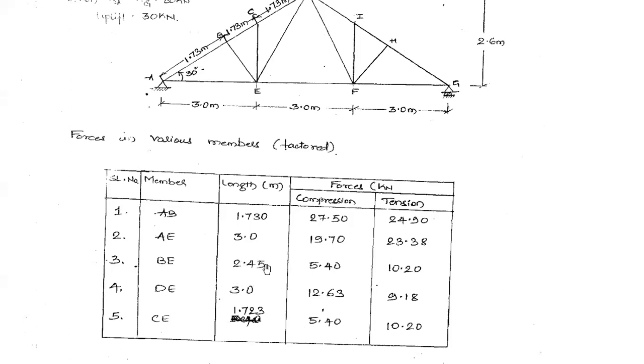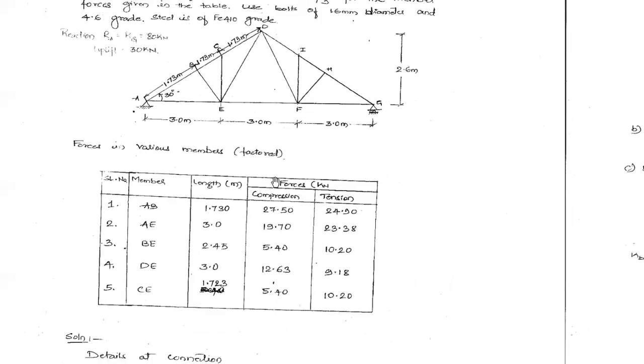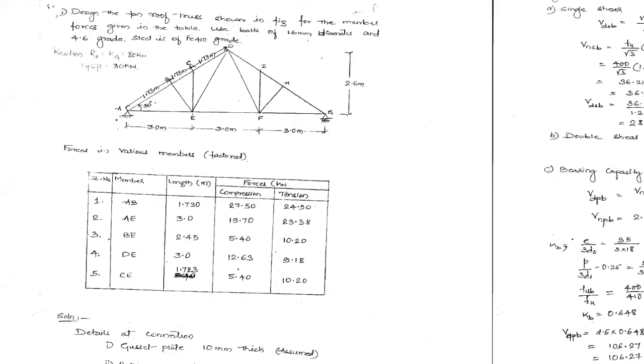So it is important that you check it for both the forces. Design it for one of the forces. Either you may decide the cross-sectional area based on tension or compression, but later check whether it is safe in tension and compression. That check has to be done. Design and check it.